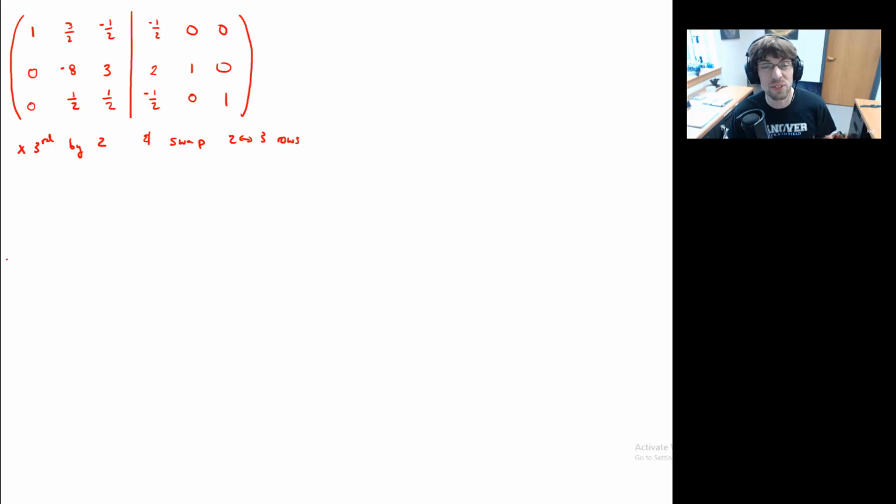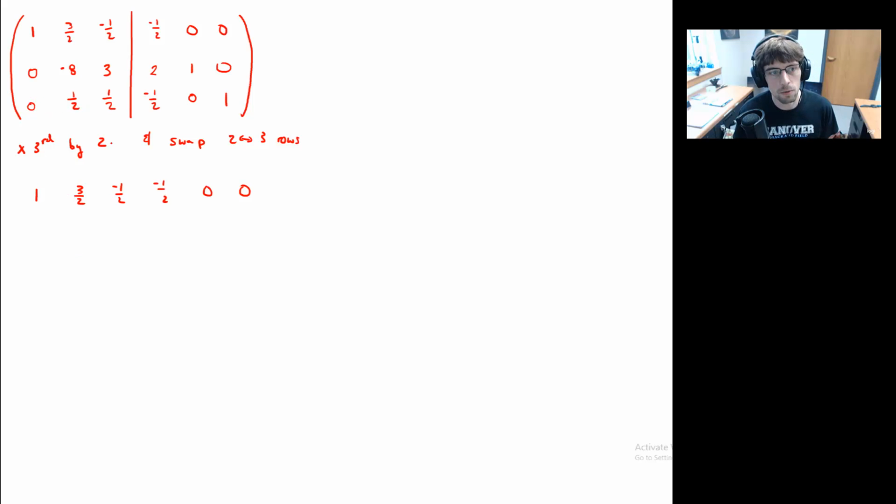So this is going to feel a lot like that Gaussian elimination process for a while. So I'm going to multiply the third row by 2, and then I'm going to swap it with the second row. So I don't touch the first row, so I go 3/2, -1/2. I've got a -1/2 here, 0 and 0.